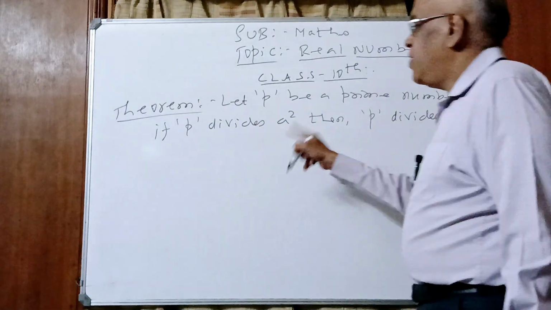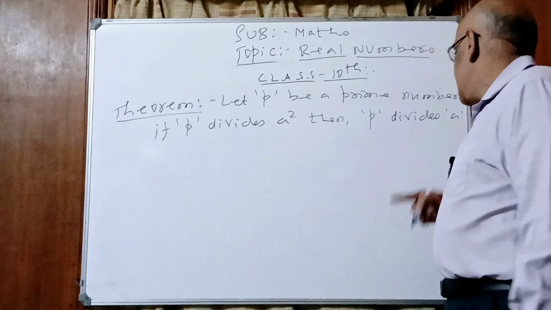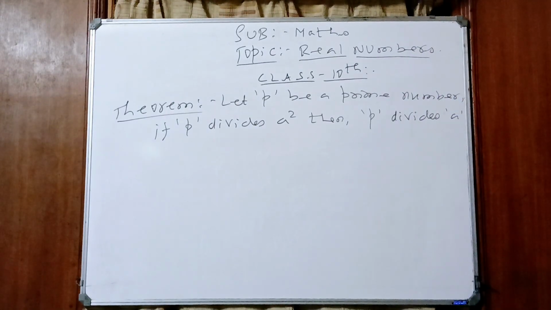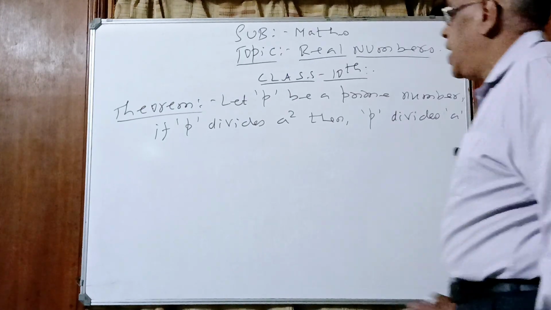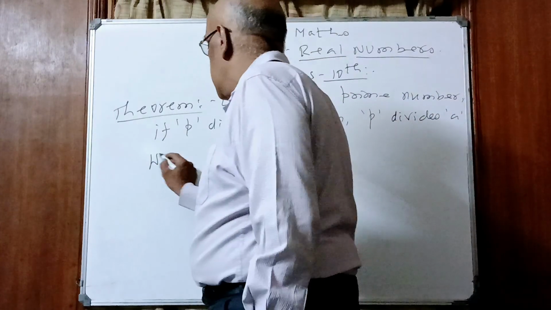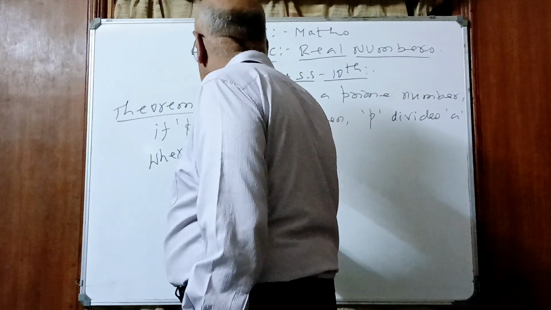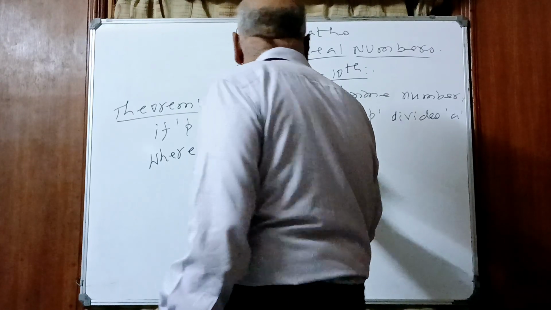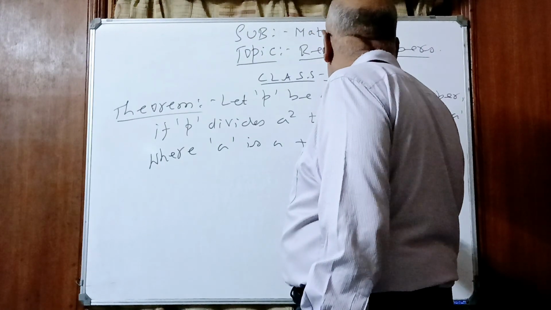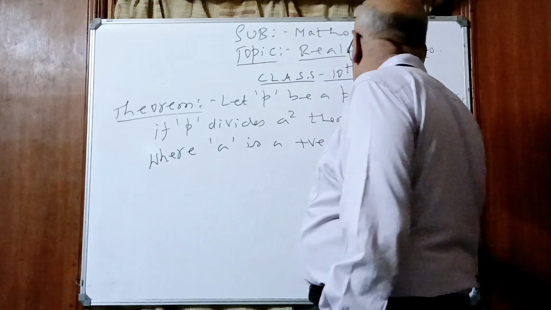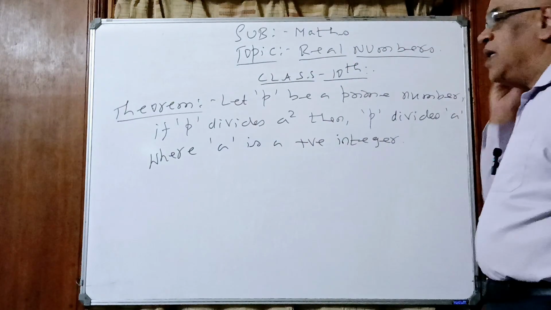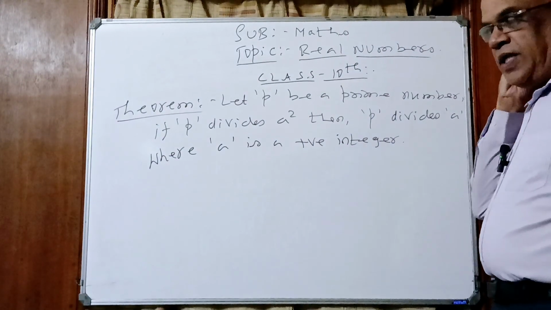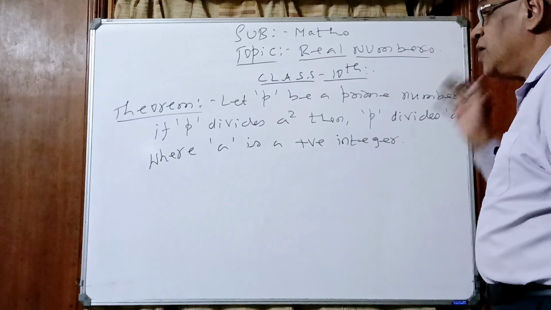Then if P divides a square, then P divides a, where P is a prime number and a is a positive integer. What is P? P is a prime number. a is a positive integer. Yes or no, children?